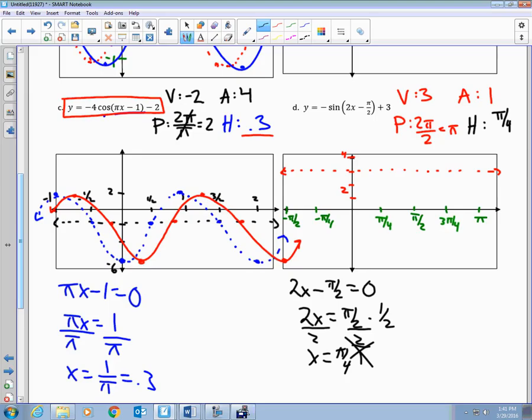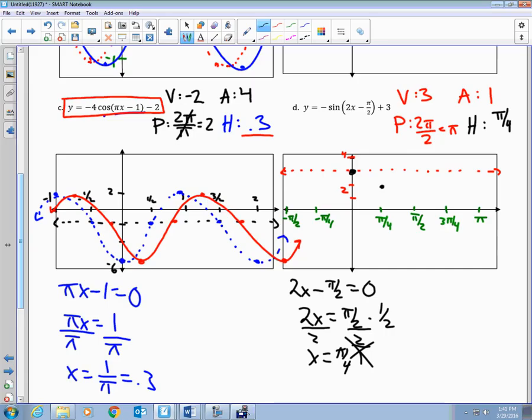How much of a tick mark is pi over 4? It's a whole tick mark. So we're going to move everything one full tick mark. Let's make our ghost graph first. This is a sine graph. Will sine start at the max, the min, or the middle? The middle. And will this sine graph start by going up or by going down? It will go down. The bottom value will be at 2.